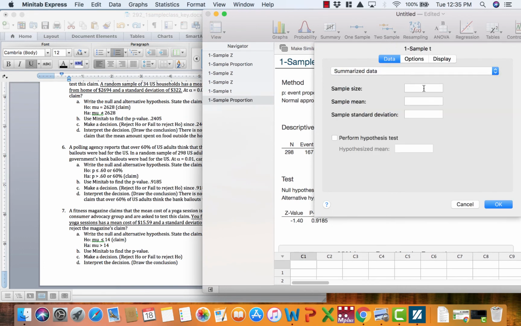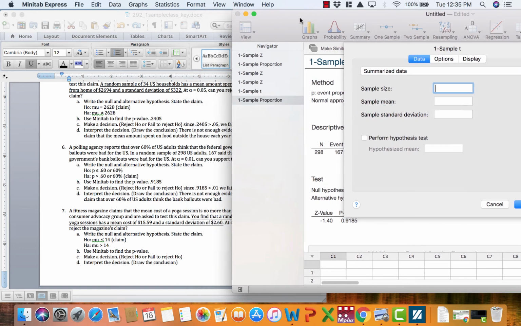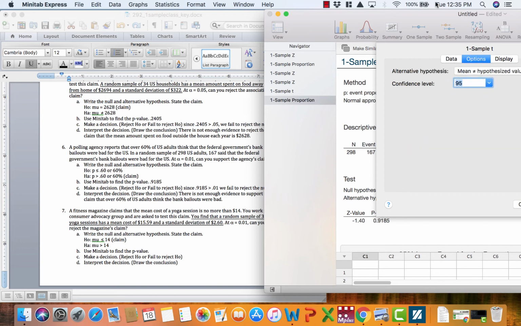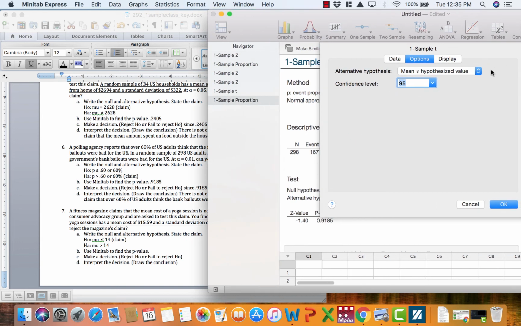All right, we have summarized data. The sample size is 32. The sample mean is 15.59. The sample standard deviation is 2.60. We want to perform a hypothesis test on $14. Under options, we need to specify our alternative as greater than, and we say OK.